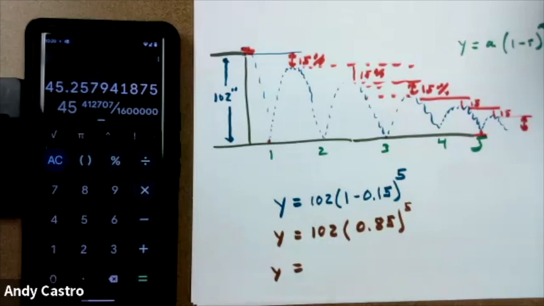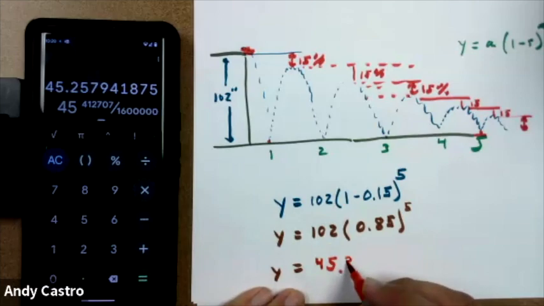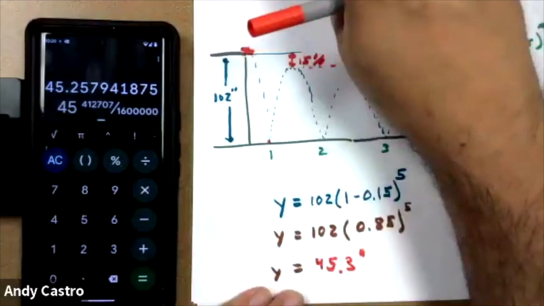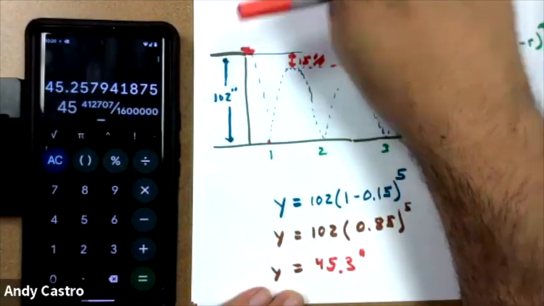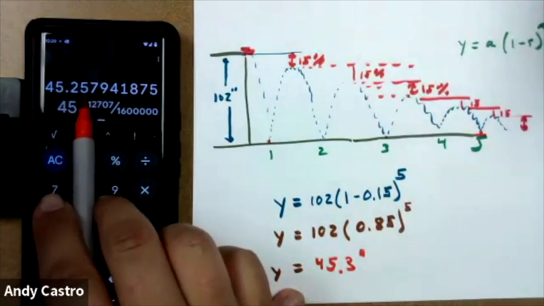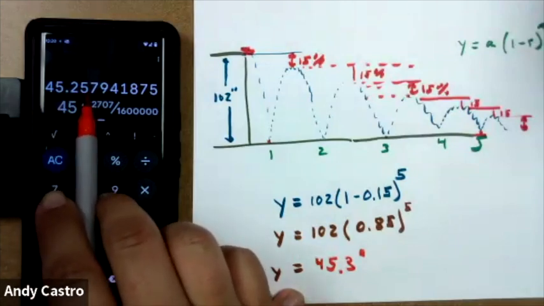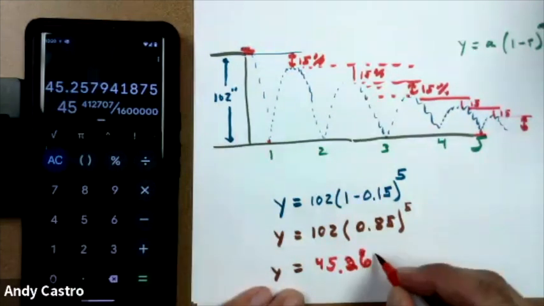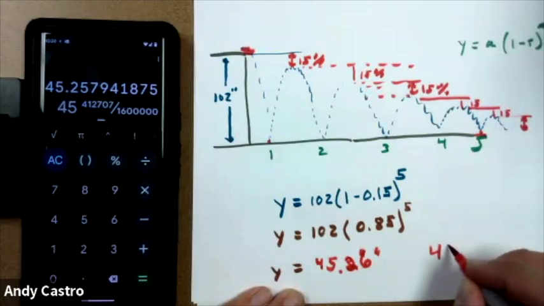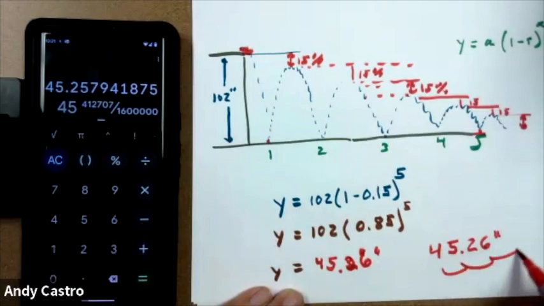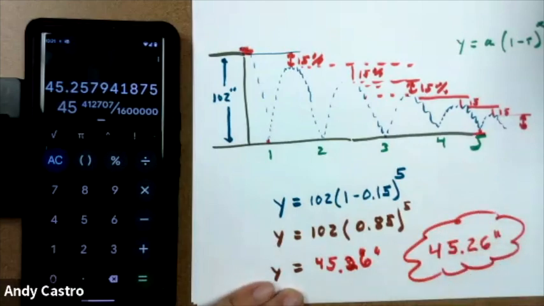And that is going to be 45. We'll round to the nearest tenth, 45.3 inches. Let me double check, oh, they rounded to the hundredth. So the hundredth is 5, next to it is 7, so 0.26. So 45.26 inches. There you go.